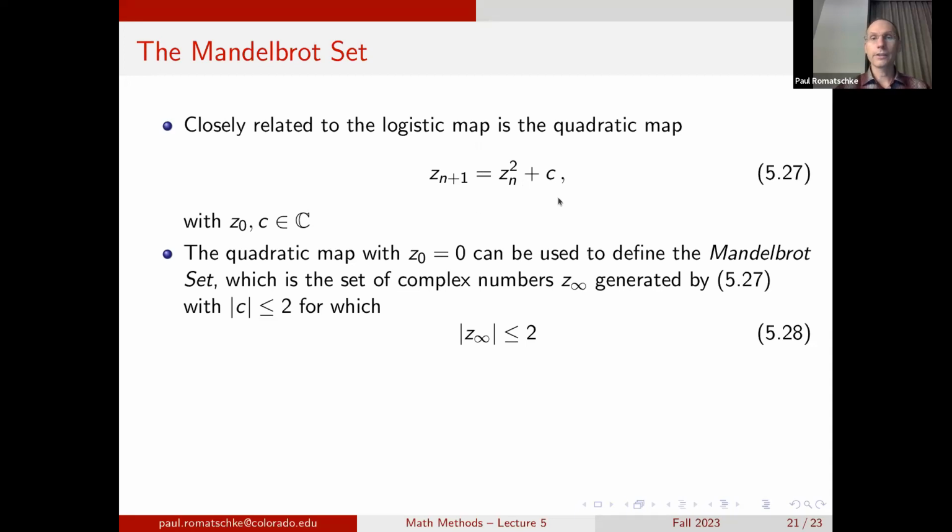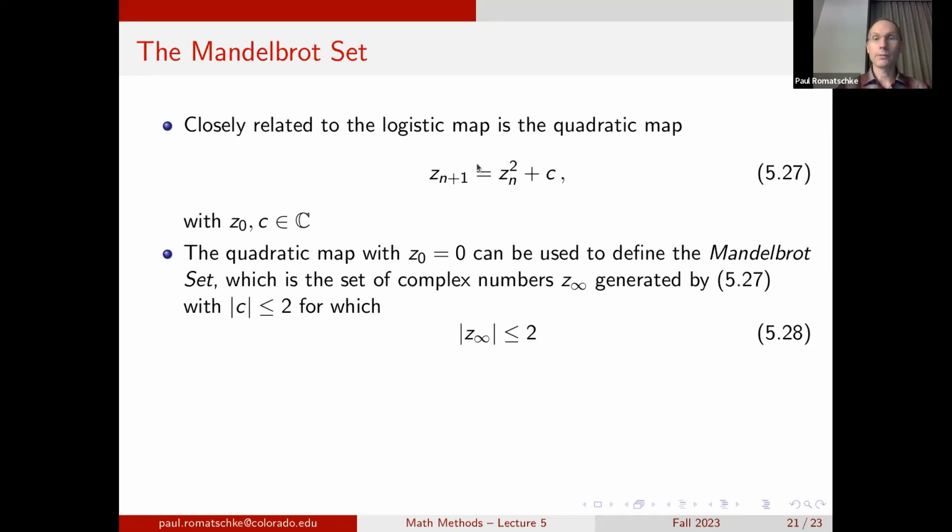If we start this quadratic map with the initial condition z naught equals 0, we can define the so-called Mandelbrot set, which is the set of complex numbers c such that for n tending to infinity, z has absolute value less than or equal to 2.